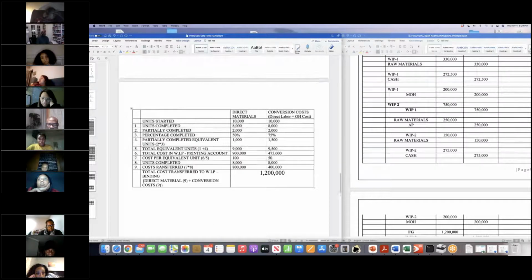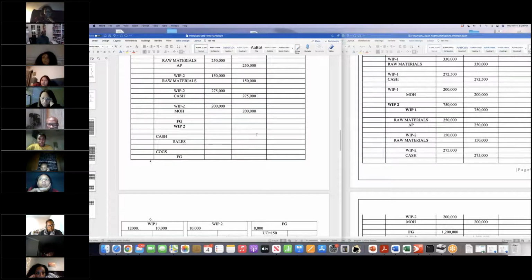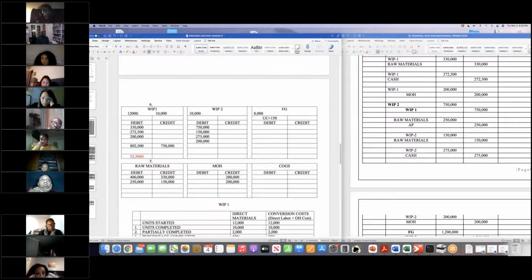So we go to the journal entry then. Got 1,000,002. Finished goods 1,000,002. Okay, so what's the total cost we had in the account?